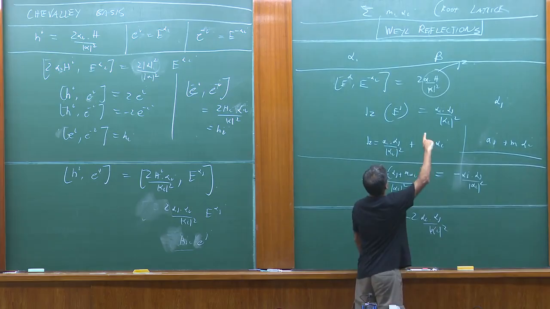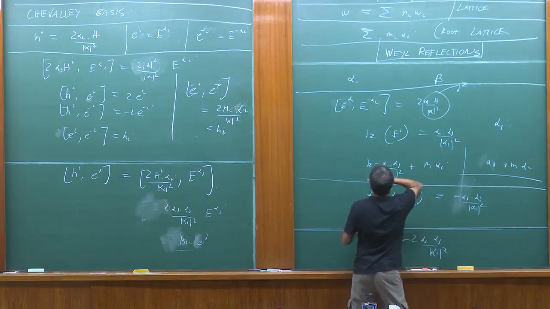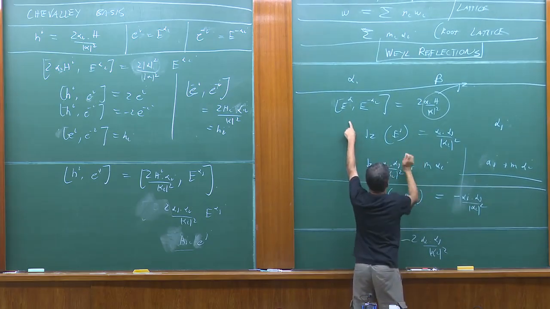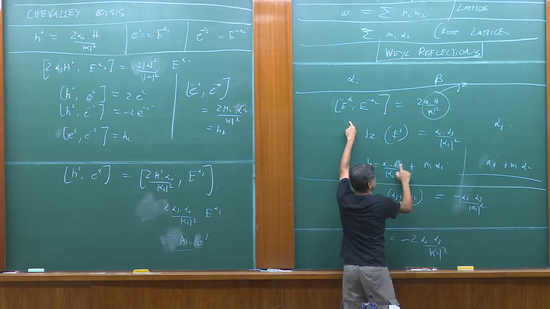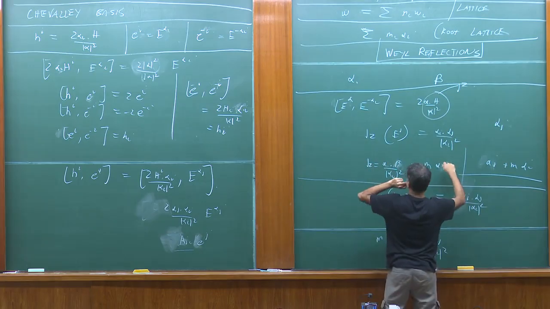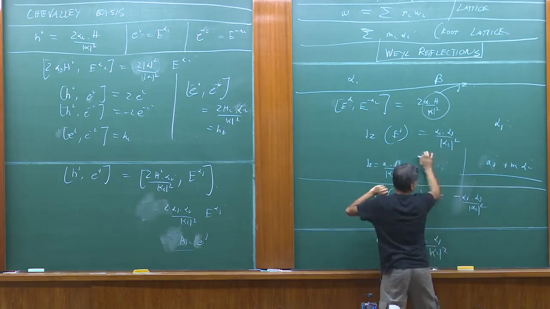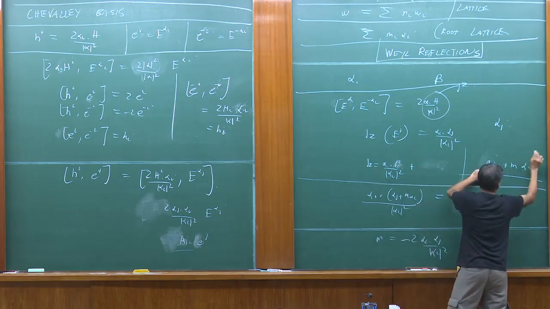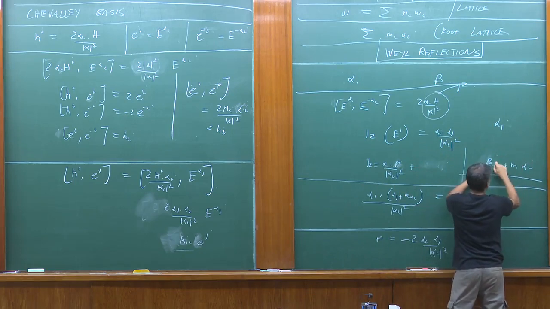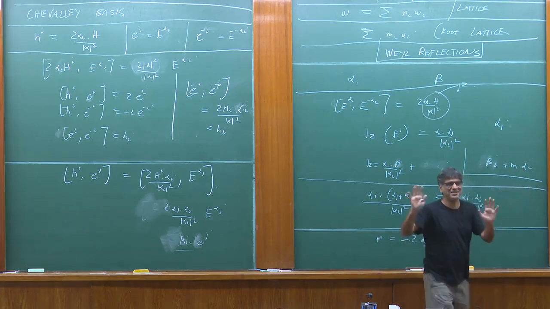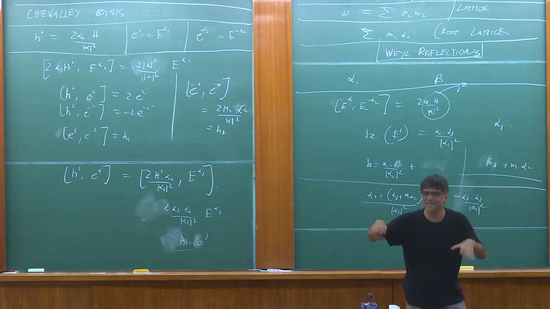I'm sorry. Let me just redo this with notation alpha and beta. Where I meant to say beta, I said alpha j. You understand?